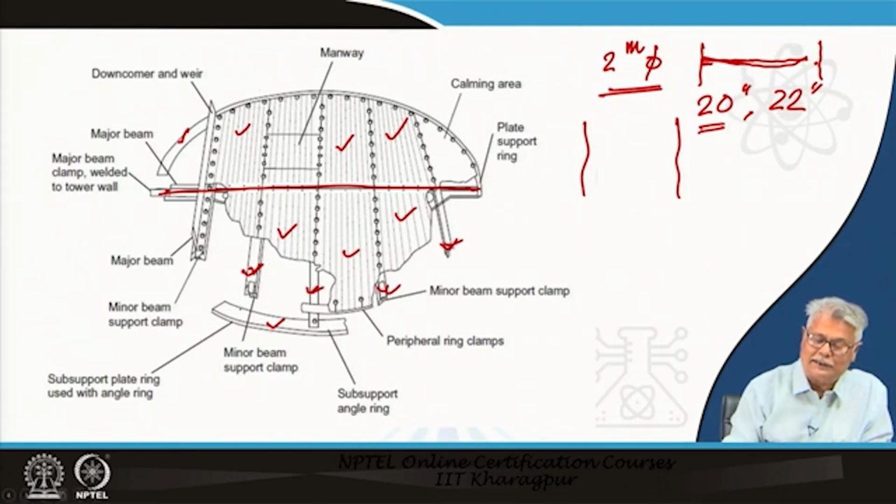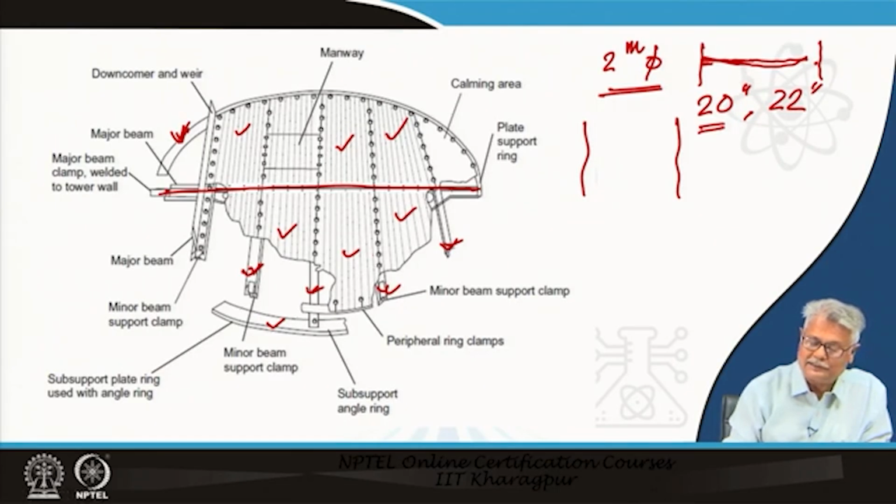So, you have the minor cross beams which are also attached to the major beam, and they end at the tray support ring itself. And you have boltings all along. The tray support ring is bolted. There are boltings on the minor beam support.